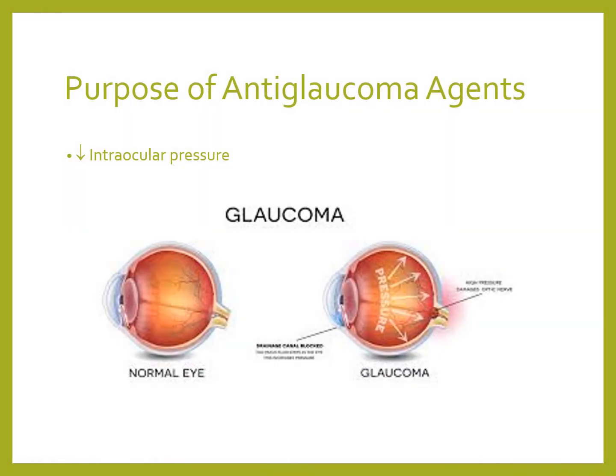The final category of ophthalmic agents are anti-glaucoma agents. We've mentioned a couple times now, glaucoma is going to refer to a group of conditions that are characterized by increased intraocular pressure. This can be caused by an overproduction of the aqueous humor or by a blockage in the drainage mechanism. So as their name suggests, anti-glaucoma agents work to decrease that pressure.